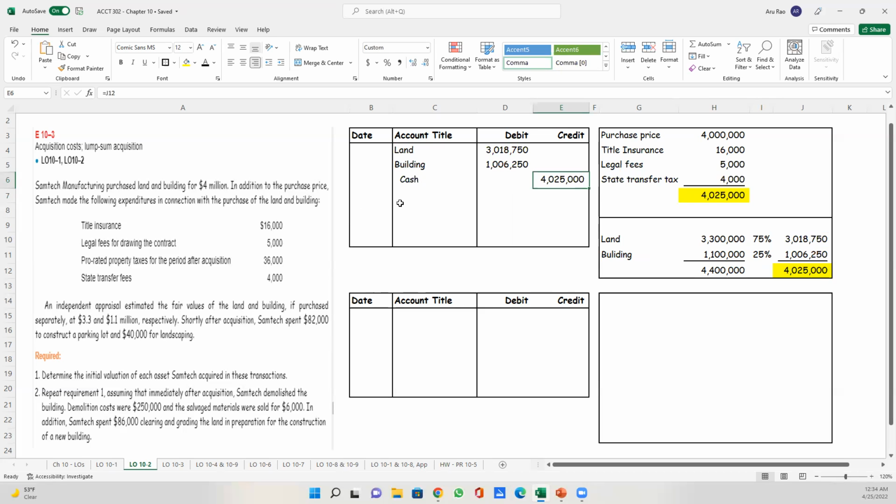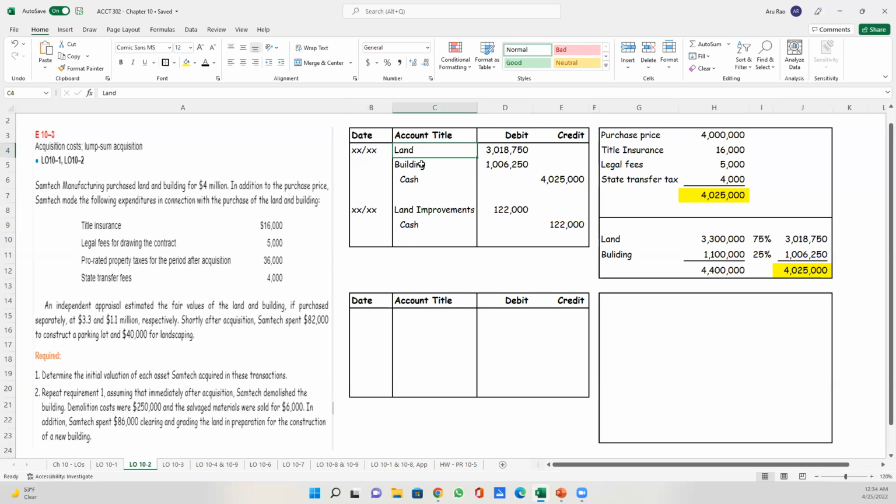These numbers are not going to get added to the cost of the asset. They are land improvements. I paid for land improvements, and that amount is 82 plus 40, which is 122. We need to put the dates over here. We were not given dates, so we just put XX over here for now.